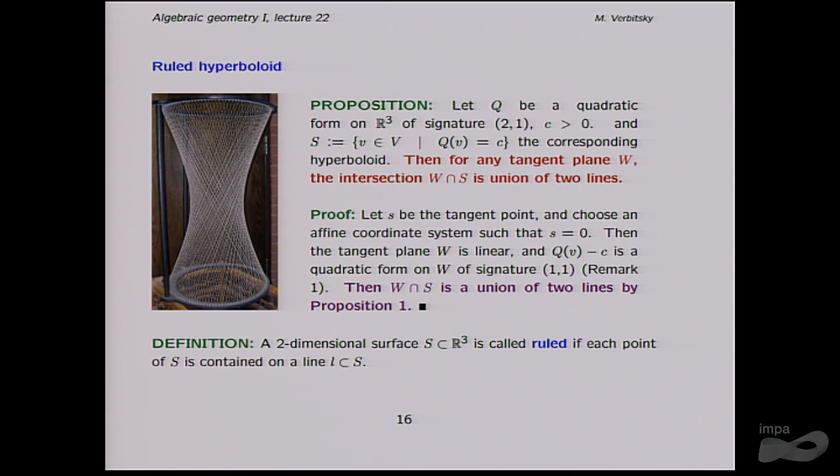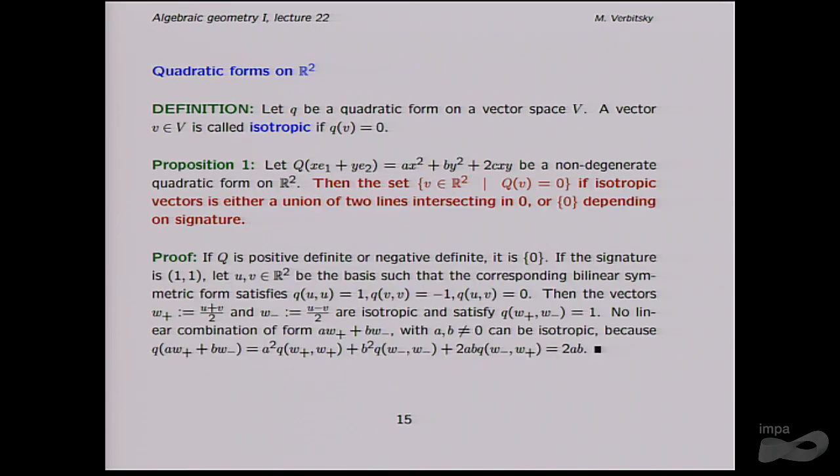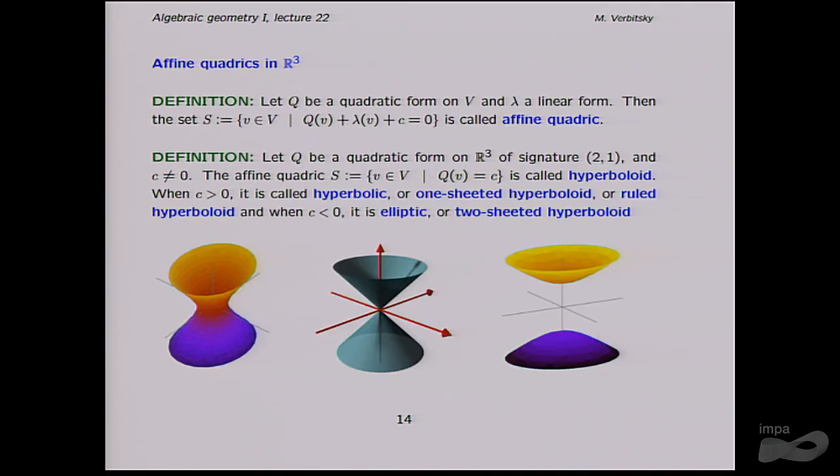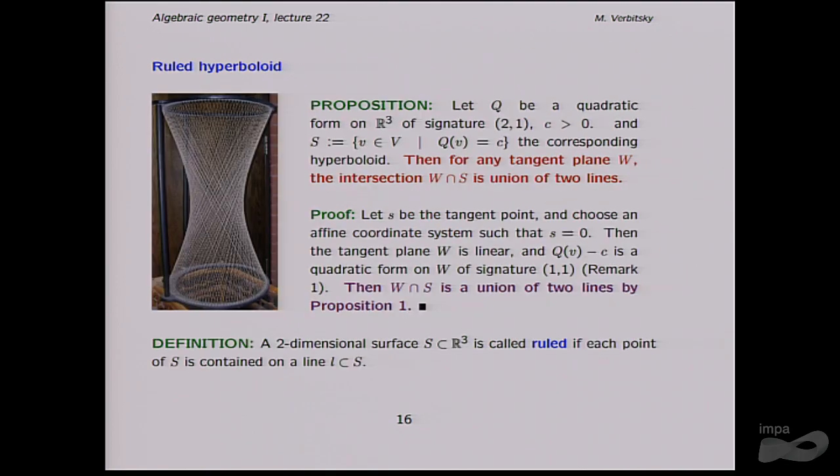Then T_x H intersected with H is again an affine quadric, but it doesn't have any constant term. So if you look at the equation for an affine quadric, C here is equal to 0. It's not hard to see.